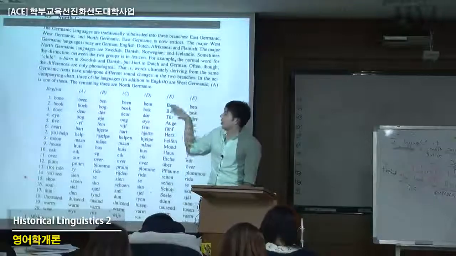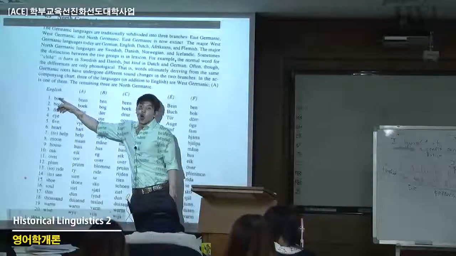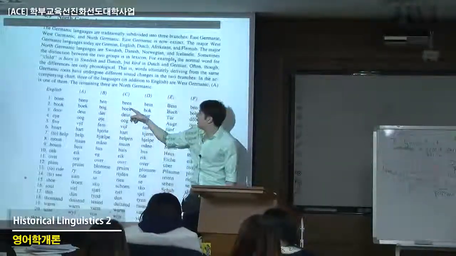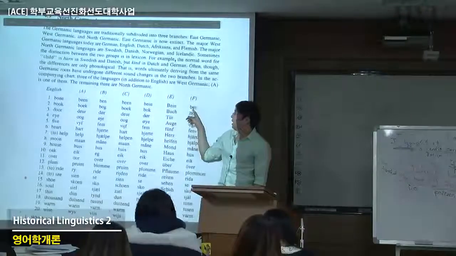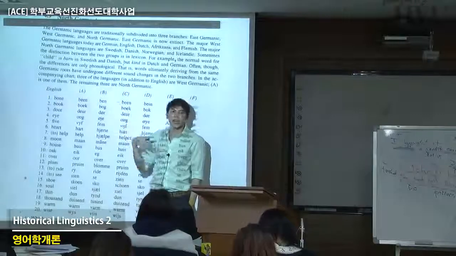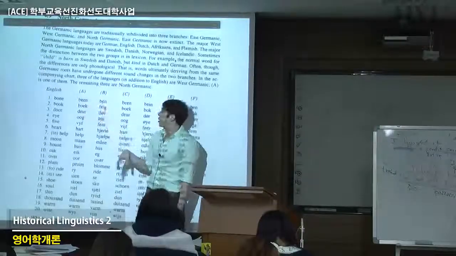Which ones look alike? Well, unfortunately, in English it's O, right? And in other languages it's E. So no language here looks like English, so that's unfortunate. But we can look at other words.